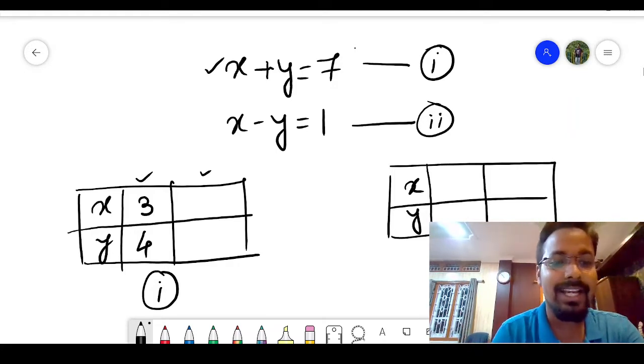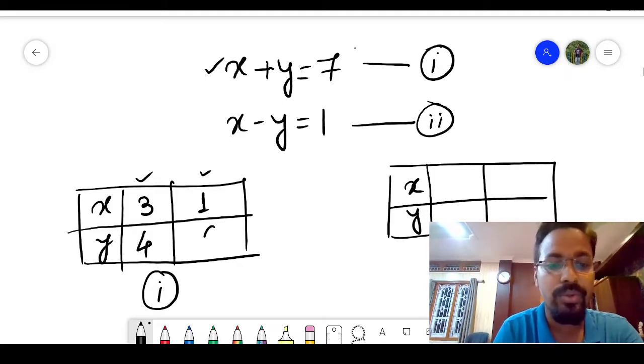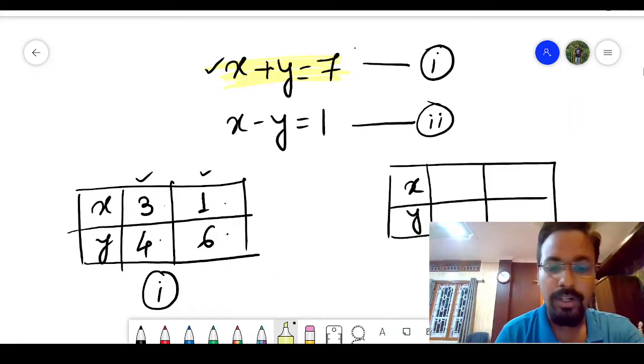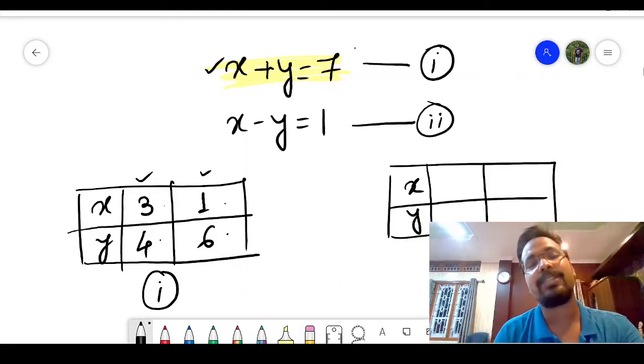Now let us take x as 1. If I take x as 1, then what is going to be the value of y? Y is going to be 6. So these two values, 3 and 4, and here 1 and 6, satisfy our equation, which is x plus y equals 7. Now let us move on to our next equation, number 2. Now x minus y is equal to 1.